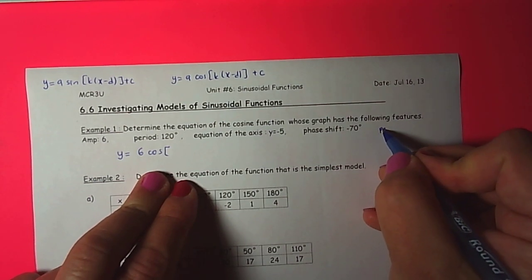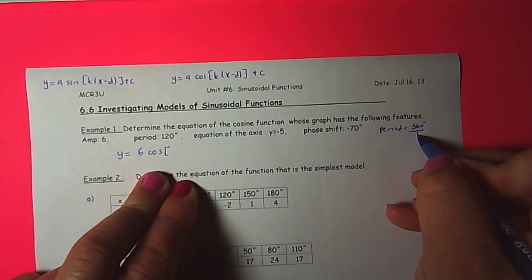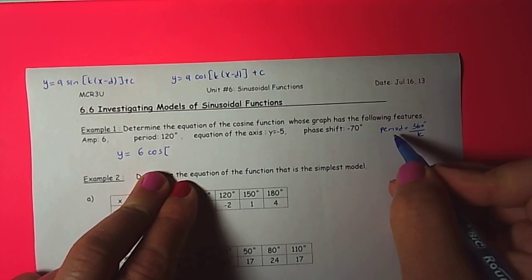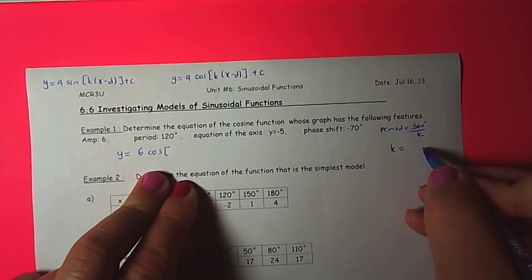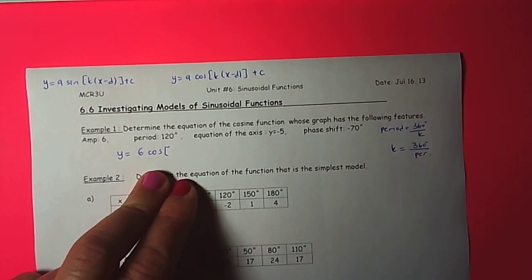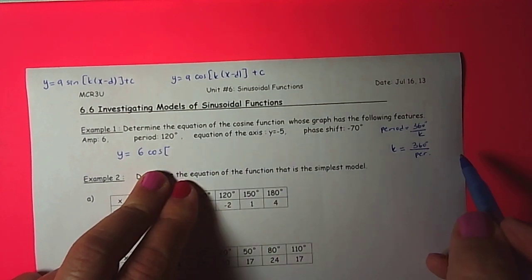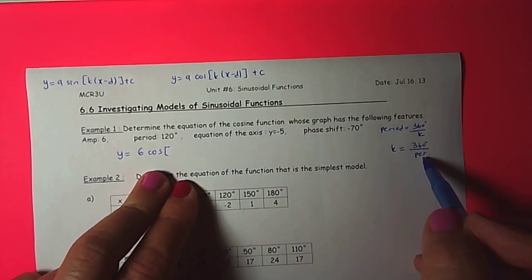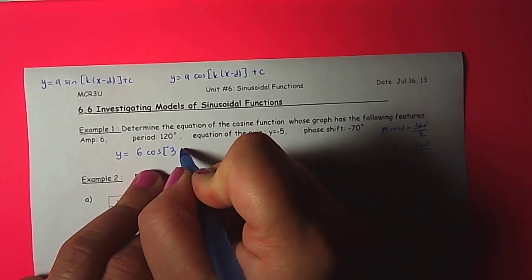We said that period equals 360 divided by k. If you reorganize this equation and isolate k, then you get k equals 360 degrees divided by the period. In this case the period is 120, so 360 divided by 120 gives you 3, so the k value is 3.